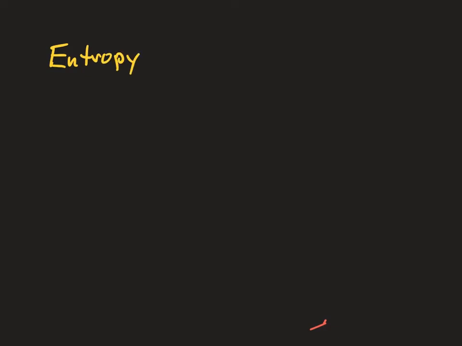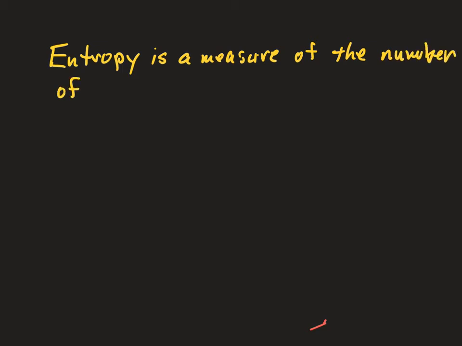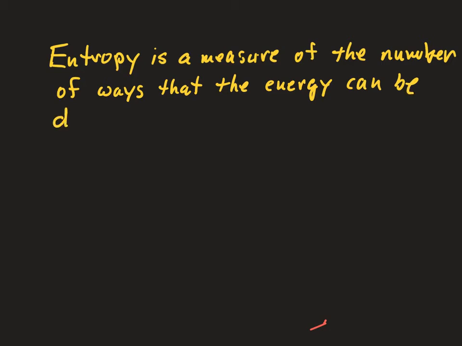The entropy of a system is a measure of the number of ways that the energy can be distributed in a system.